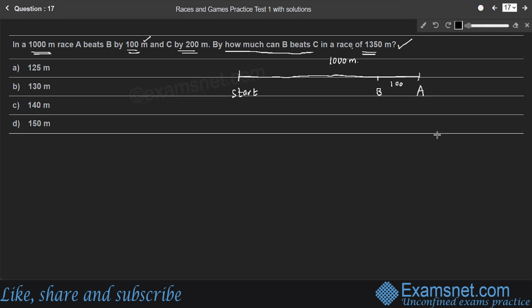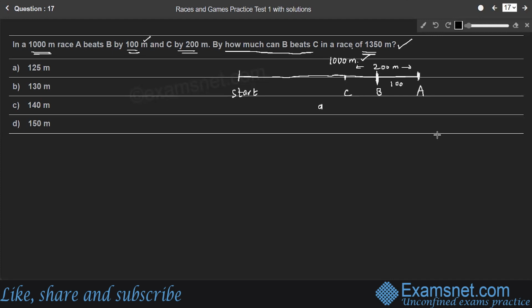And C by 200 meters. So at the same time, when A reaches the destination, C's position will be somewhere here, so that the A to C distance becomes 200 meters. That means when B covers 900 meters of distance out of the 1000-meter track, B's position will be here.